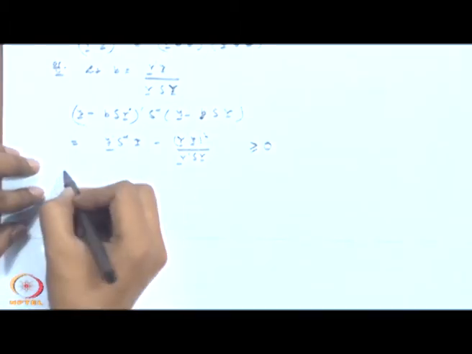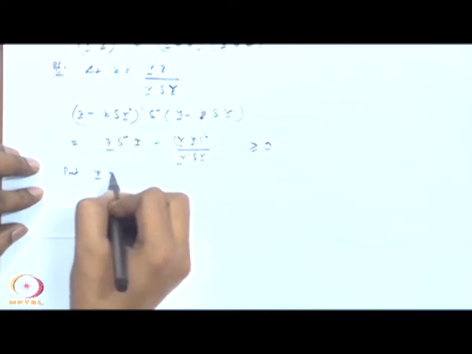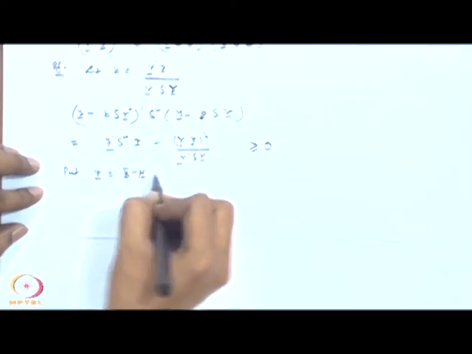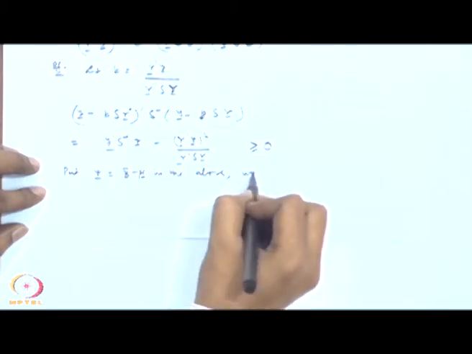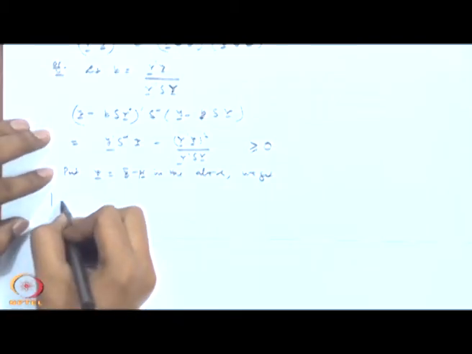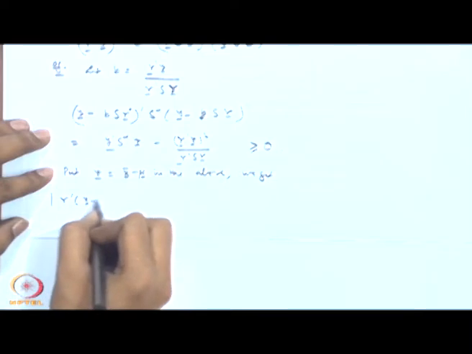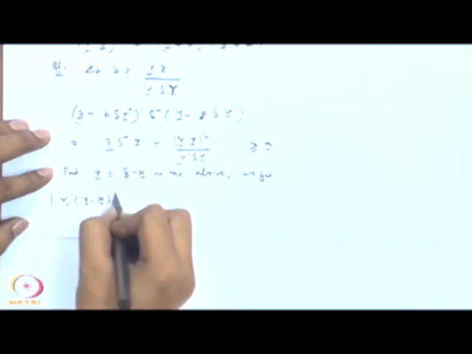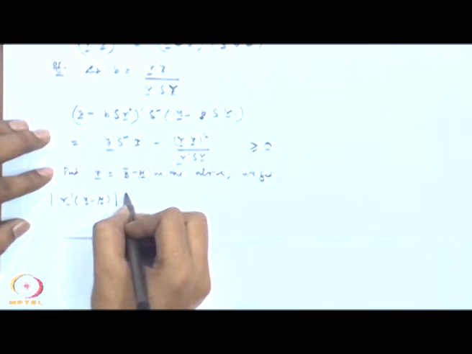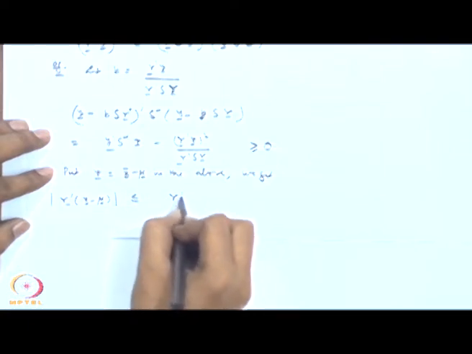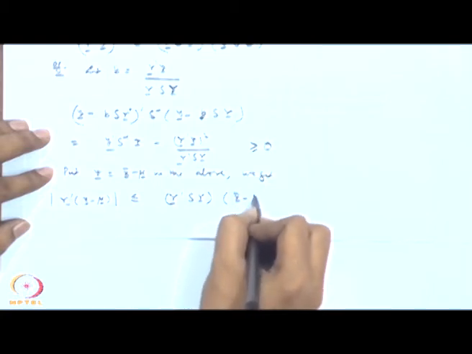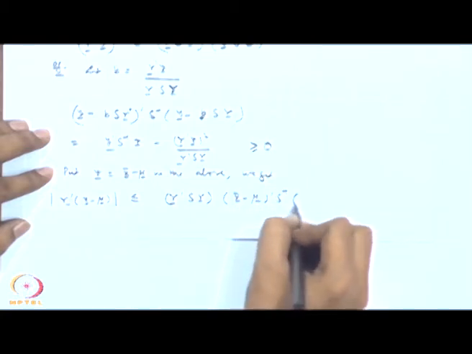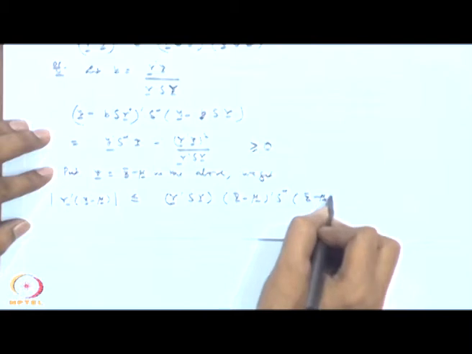So, if I substitute, say, y is equal to x bar minus mu, then we get gamma prime (x bar minus mu) is less than or equal to (gamma prime S gamma) to the power half times (x bar minus mu) prime S inverse (x bar minus mu) to the power half.